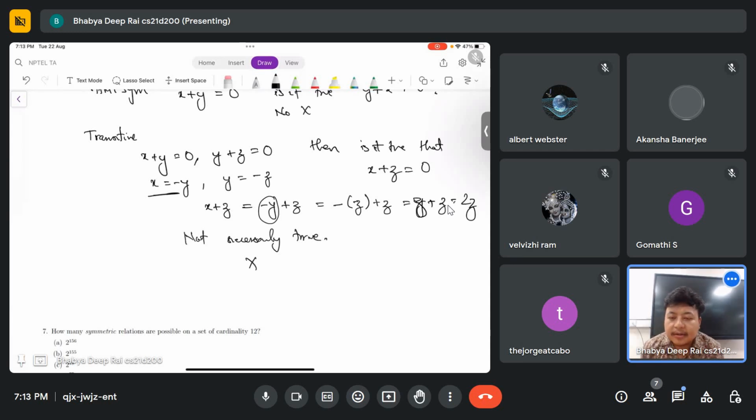Let me verify it once again. x equals minus y, so I put minus y here, and y equals minus z, so minus of minus z is z, which gives 2z. So x plus z equals 2z.